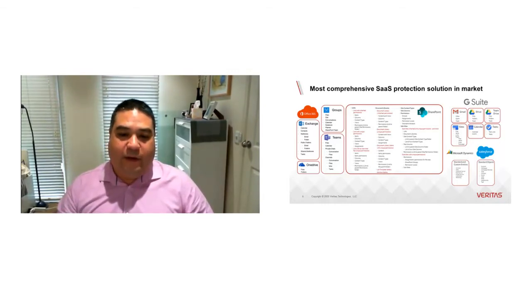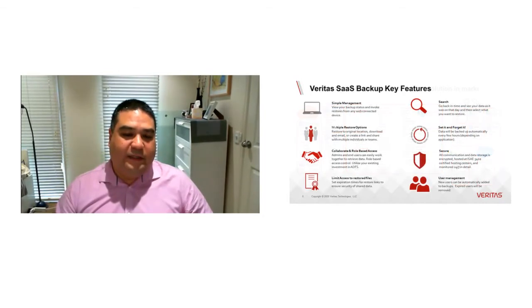So I'm leading into what Veritas offers today. Veritas SaaS Backup is one of the most comprehensive SaaS protection solutions in the market. This slide, not going into any great detail, is just to show you the depth of granularity we go into for Office 365, all the levels of data collections and objects that we can protect and recover.